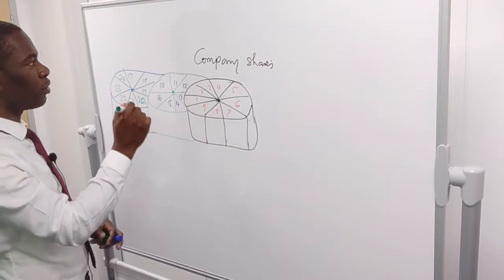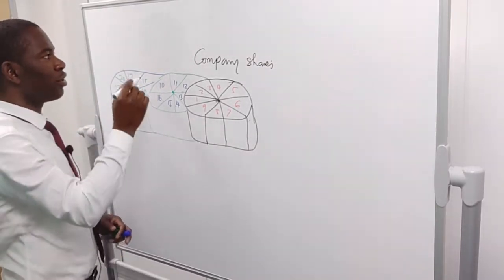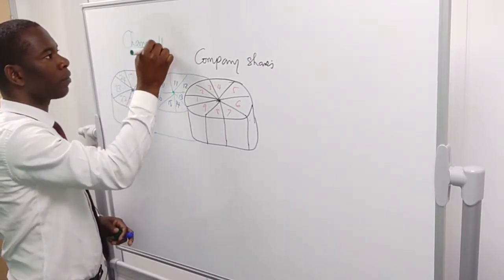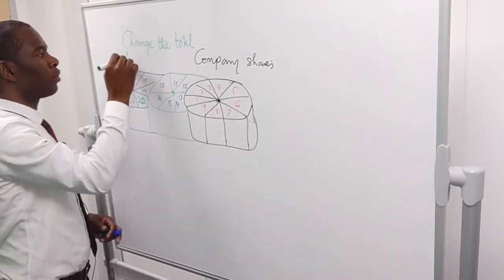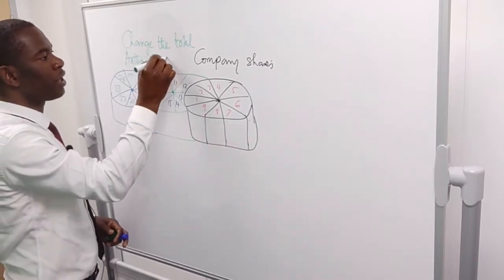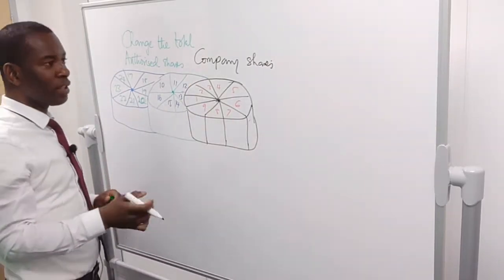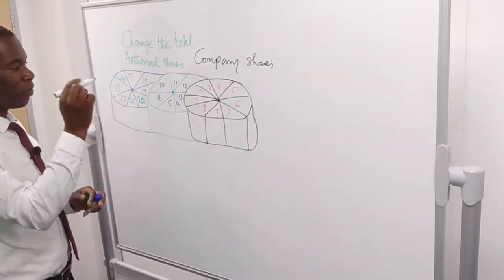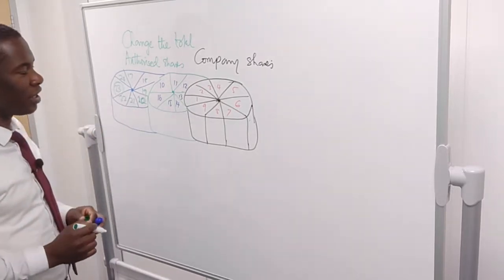So all they did was to change the total number of authorized shares anytime it's been exhausted. Simple as that. So from 9, we are here at 23 shares.